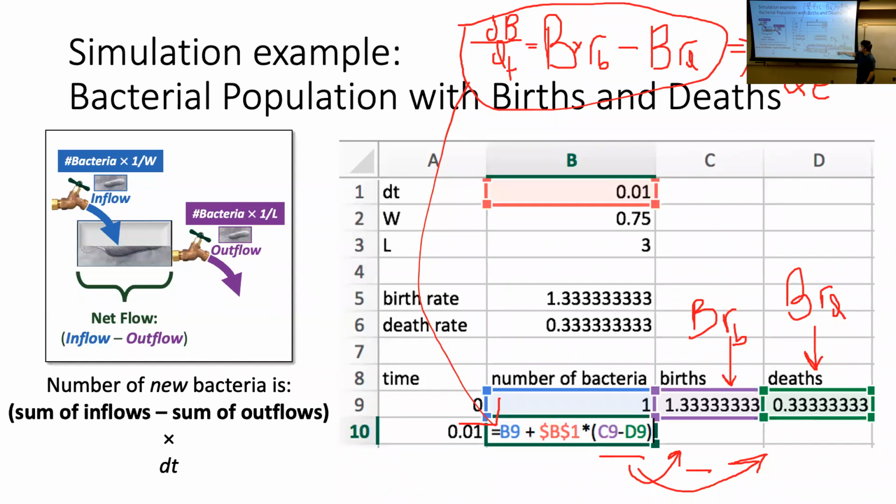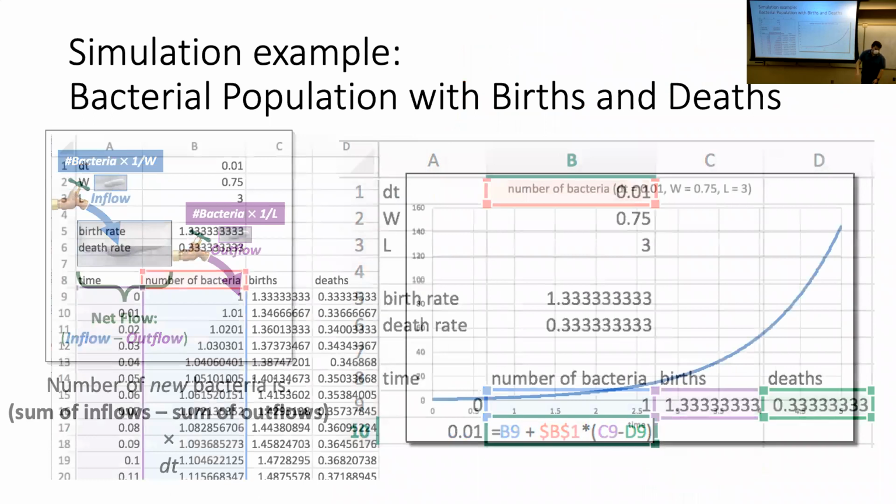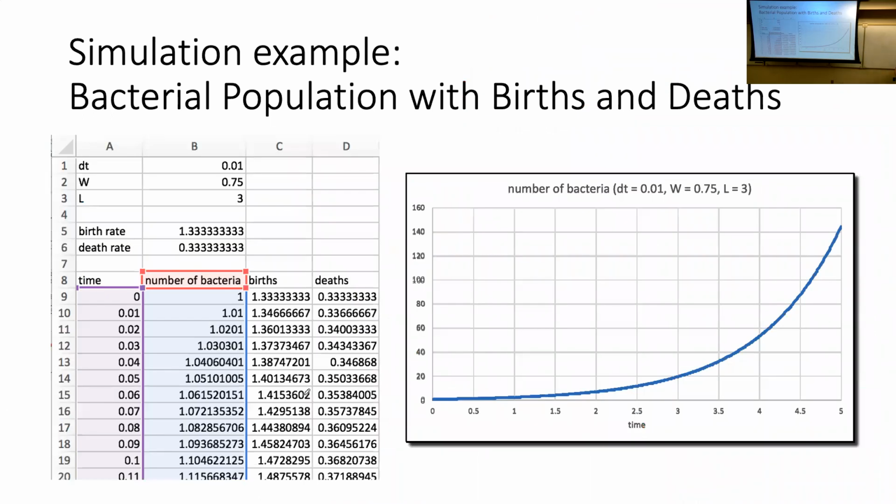Or we do this, where we just put in the B that we put in. Effectively, this C9 minus D9 is me encoding that into the spreadsheet and then pulling the spreadsheet down, and instead of solving for that analytically, that ends up giving it. So this here is like plotting B of t.